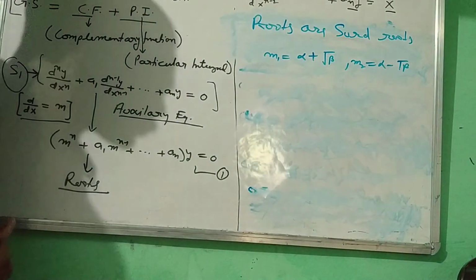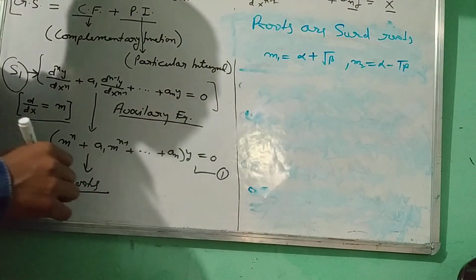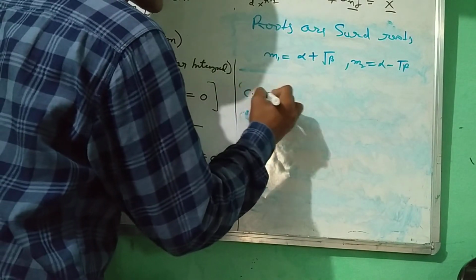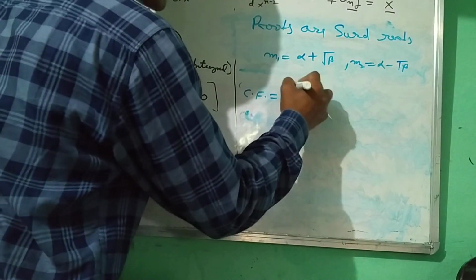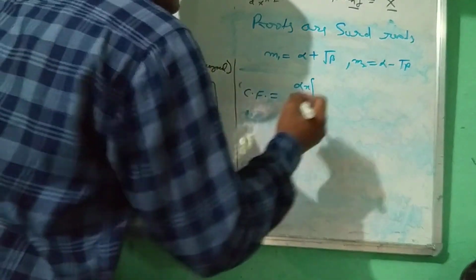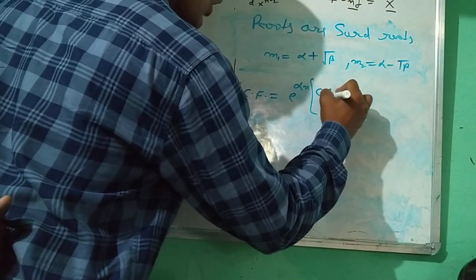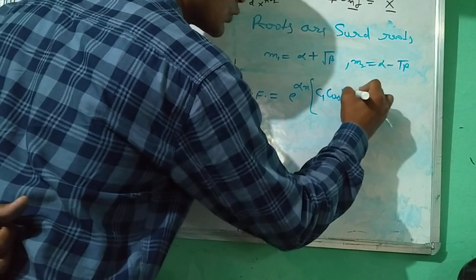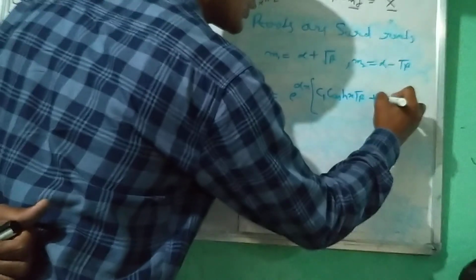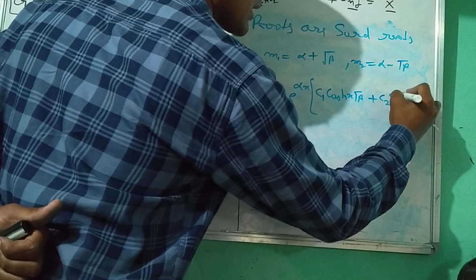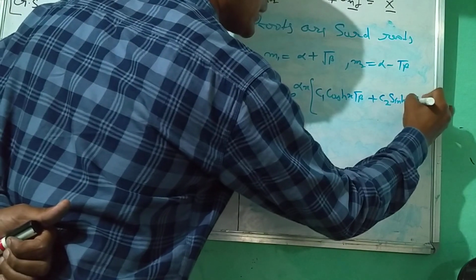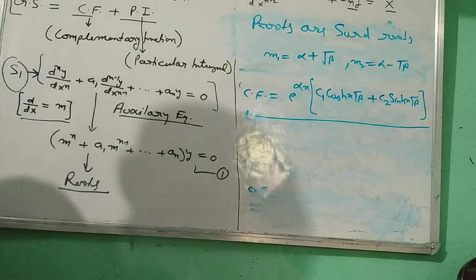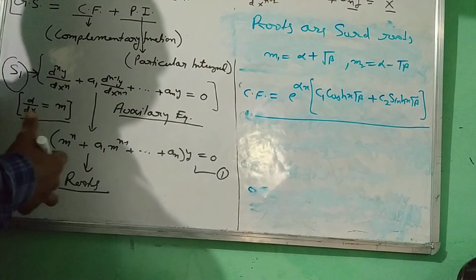Then the complementary function of this equation is e to the power alpha x (c1 cosh x root beta plus c2 sinh x root beta). In this case, this is the complementary function for this equation.